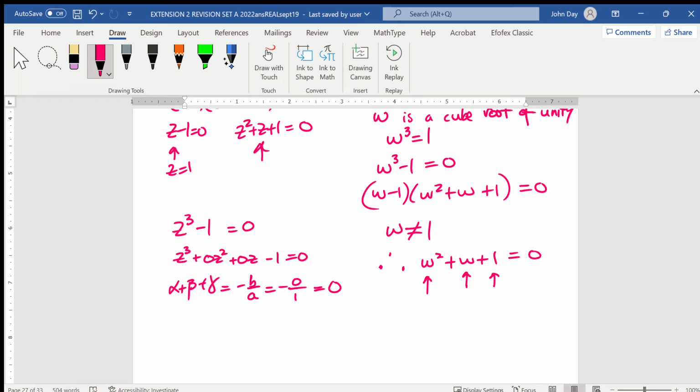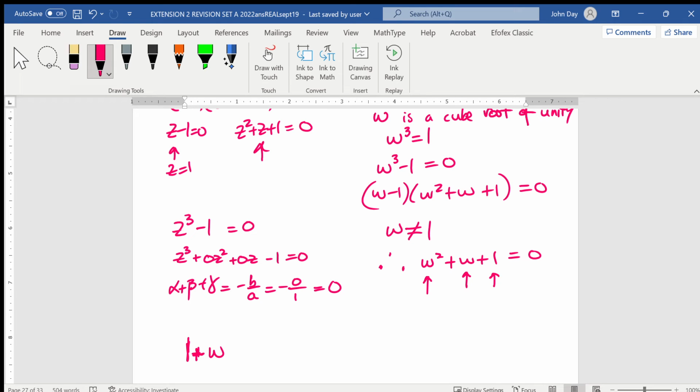So the sum of our three roots is definitely 0. We know that 1 is a root of z cubed minus 1, because 1 cubed minus 1 definitely equals 0, and we know that w is a root because they've told us that.